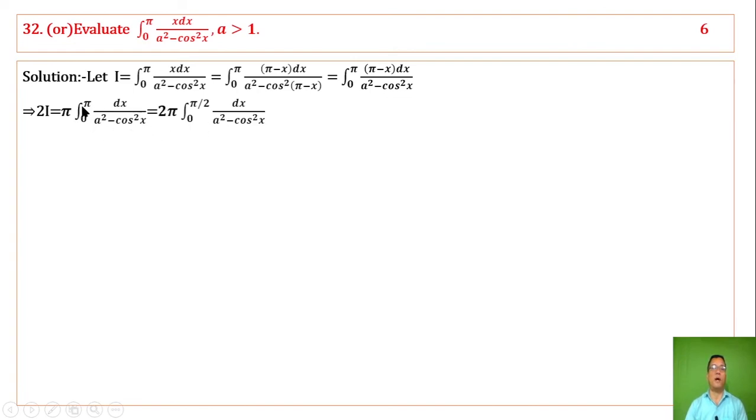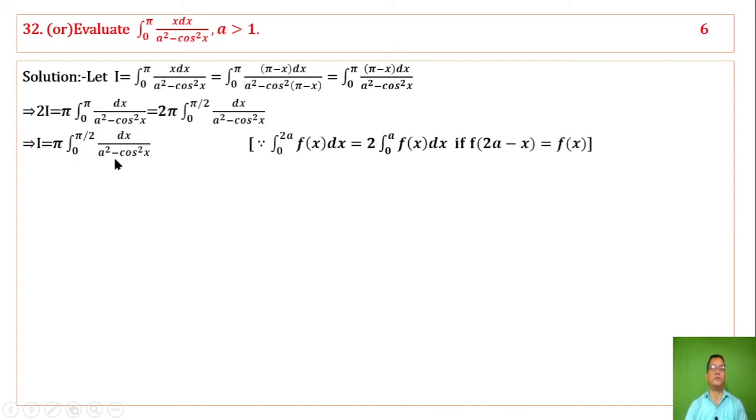Using the property with cos x to pi minus x, we get the cos of x returned. So 2 log, we get I equal to pi times of this. Find the property.